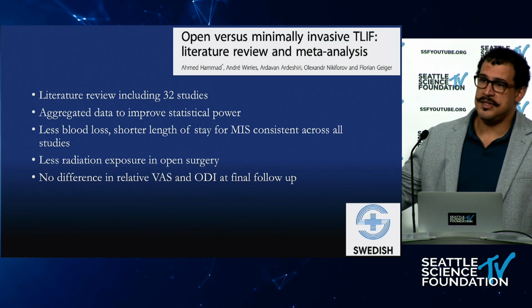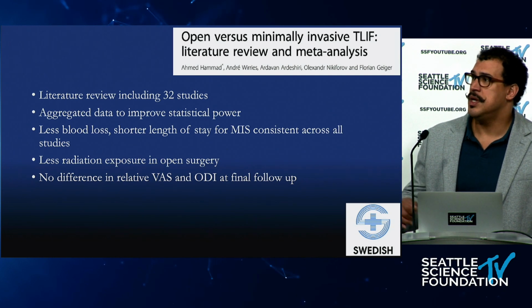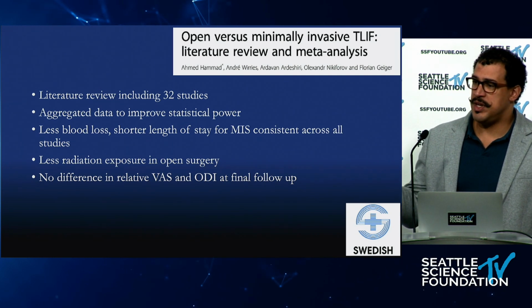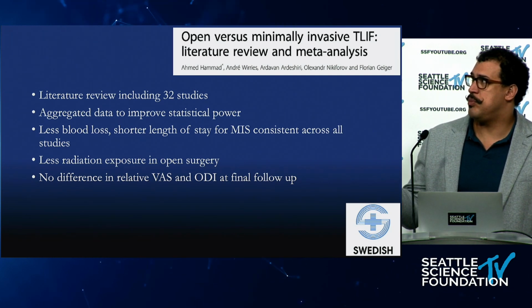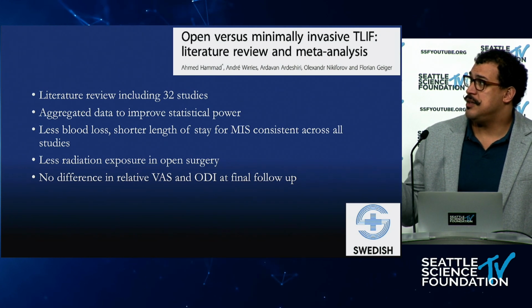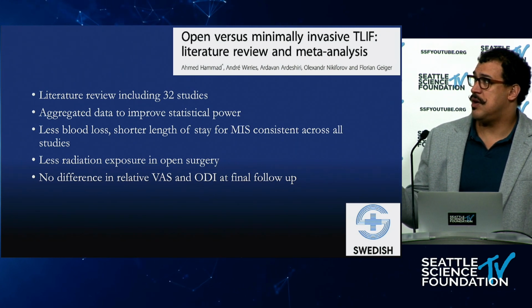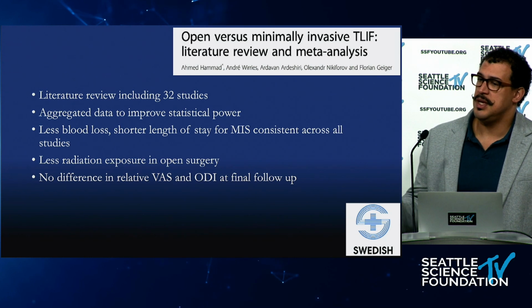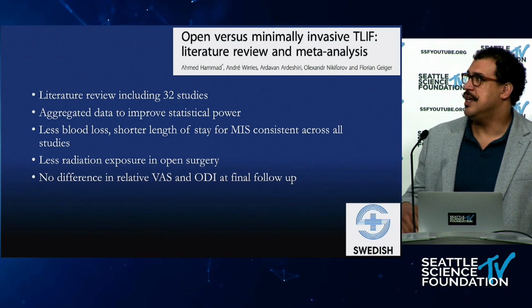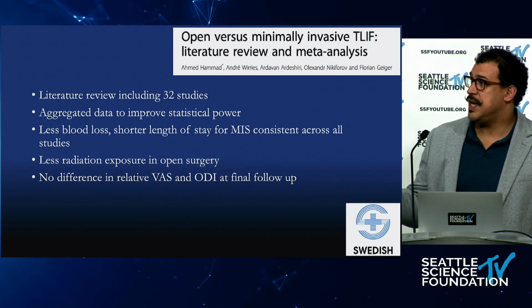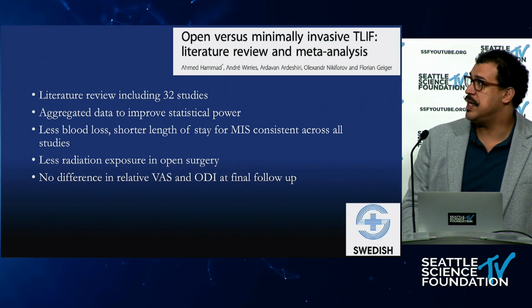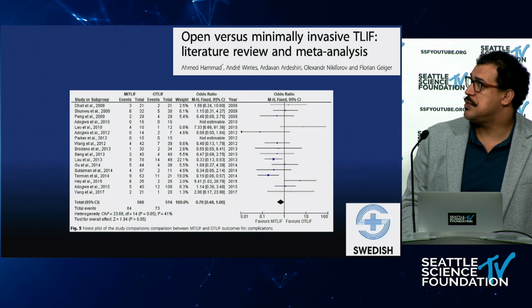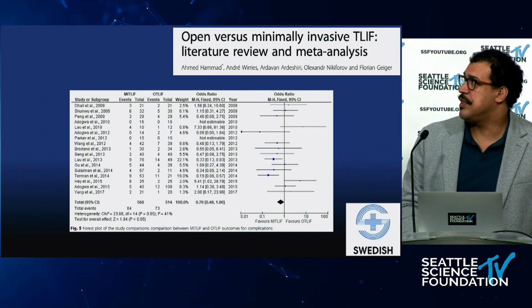So if you're looking 6 months, a year, 2 years down the road, people say they're equivalent. So what's the point? And you can keep the patient in the hospital less, with fewer transfusions. If you multiply that across the hospital systems across the country, you're saving tons of money and hospital time and morbidity.